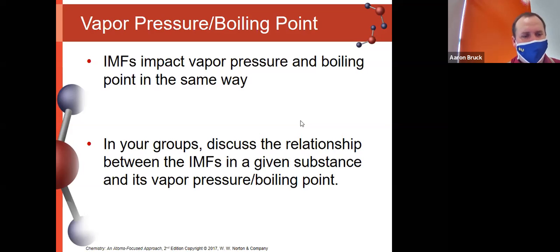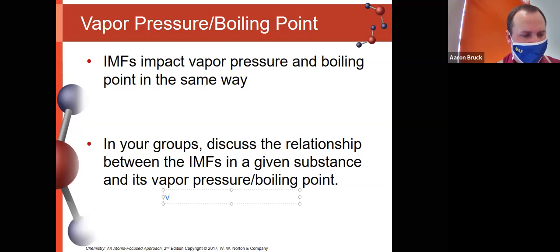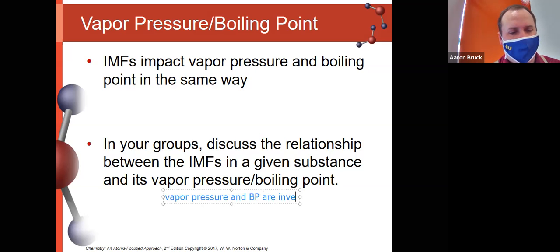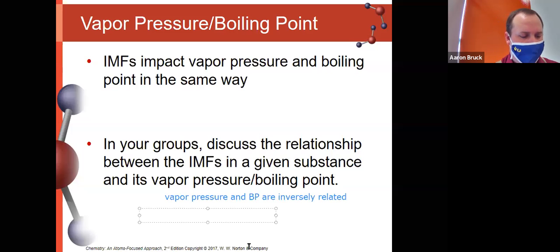Okay, one thing we can pull out of that, vapor pressure and boiling point are inversely related. If something has a high vapor pressure, it's going to have a low boiling point. If it has a low vapor pressure, it's going to have a high boiling point. Those things are true. Now, what specifically is the relationship between intermolecular force and vapor pressure then? The weaker the intermolecular force, the higher the pressure. Okay.